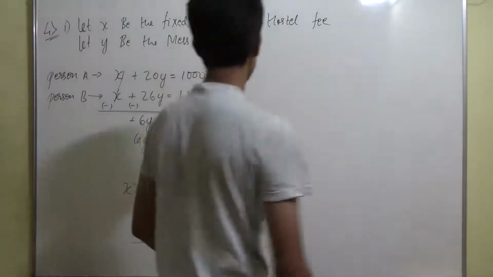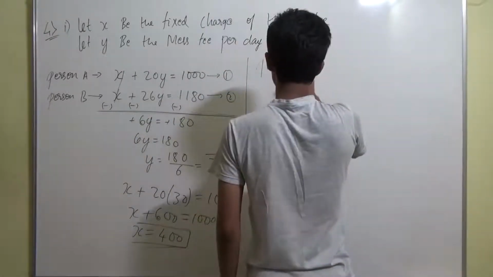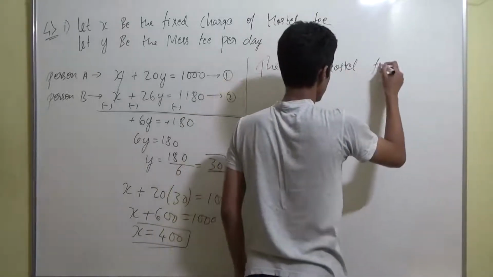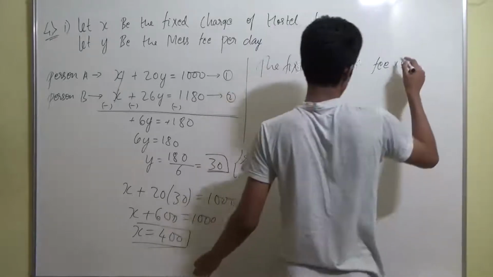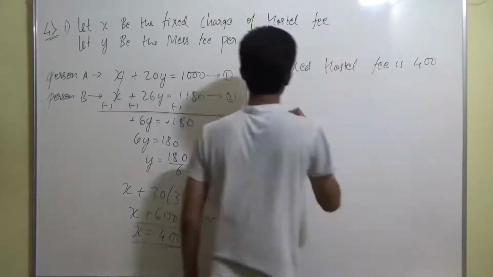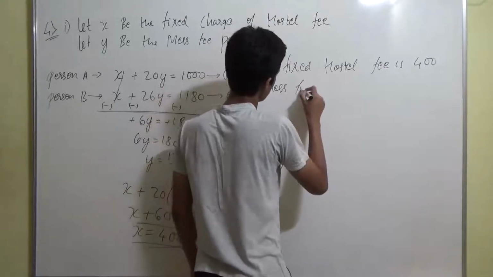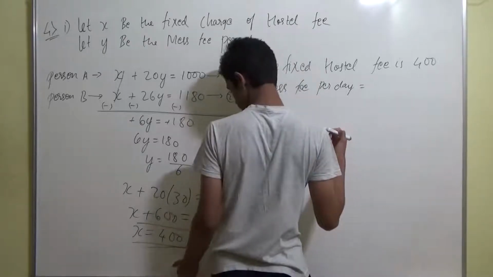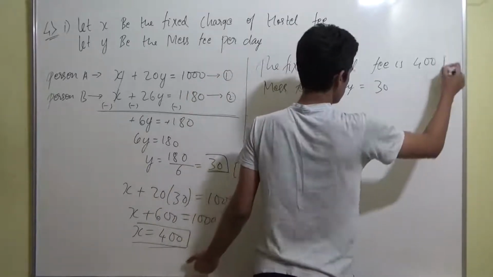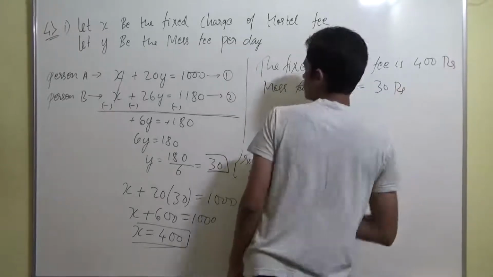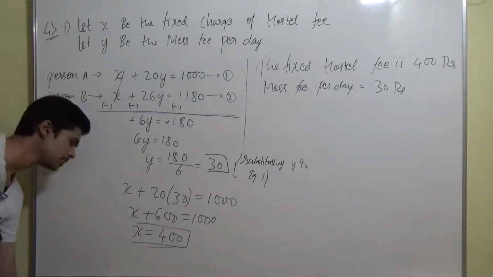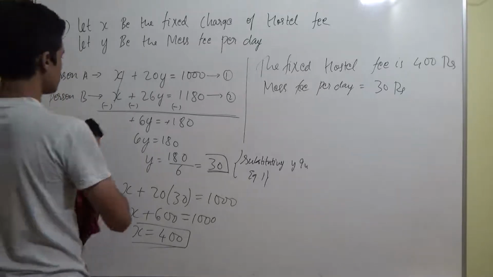So the final conclusion is the fixed hostel fee is 400, and the mess fee per day is 30 rupees. Both are in rupees. That's it, guys. As simple as that. Now I'll move aside. You can take the screenshot. Done. Now after this, let's go to the second sub question.